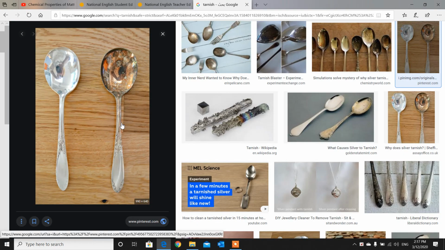So look here in this picture, guys. A silver spoon, and then we leave it to form what we call a tarnish. Okay, it's darker. It is formed on the surface of the spoon.